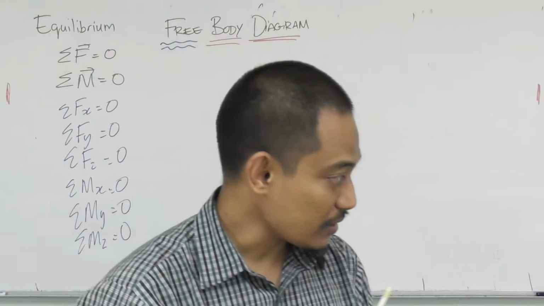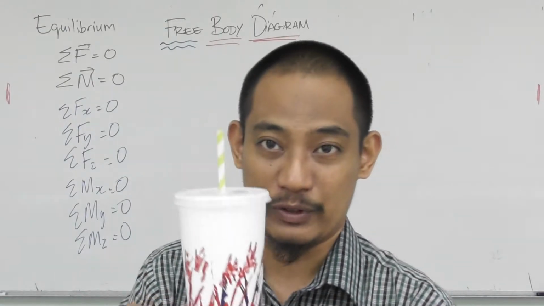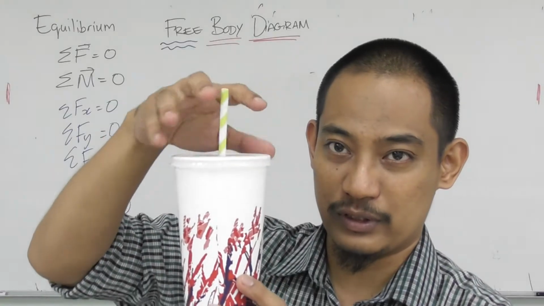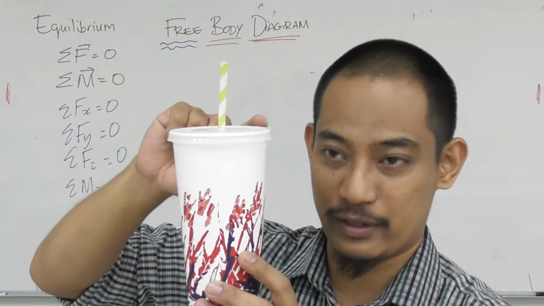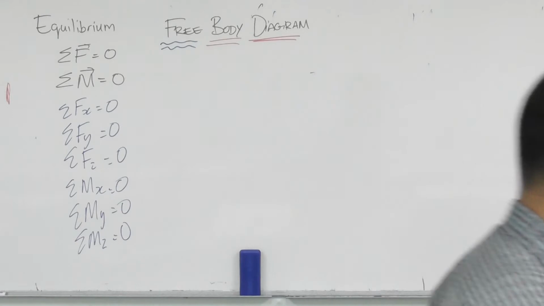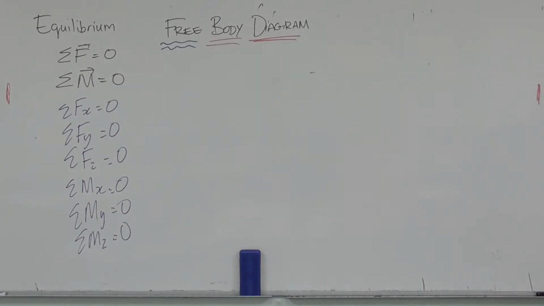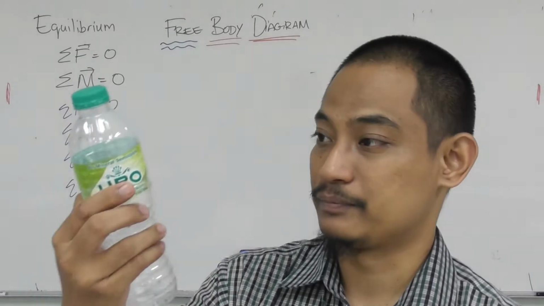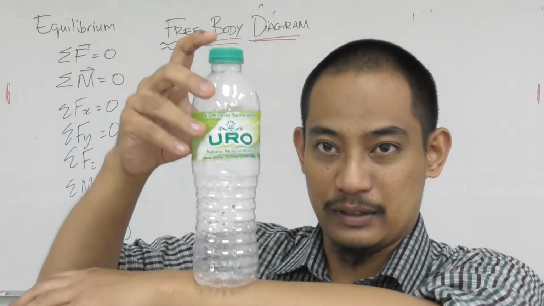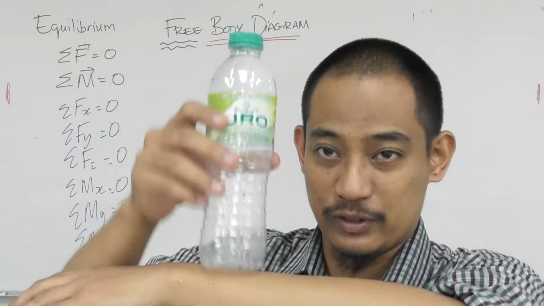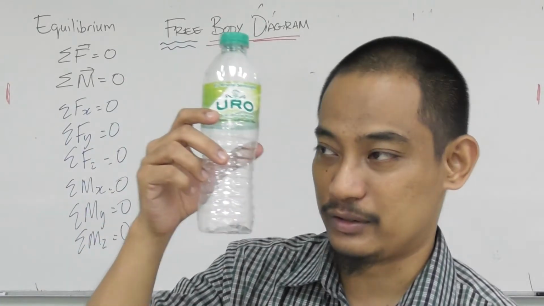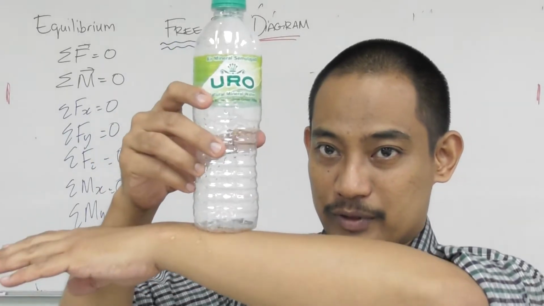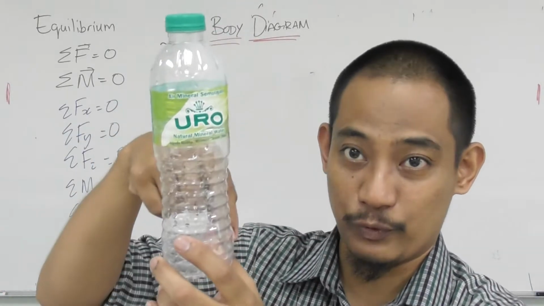Now, when I mention the body can be whatever you want, depend on what you want to solve, right? If, let's say, what I want to solve is this thing over here, without this, so the body has to be drawn with only this, right? I'm not sure if this is a good example. Right. For example, this is a water bottle, right? Now, again, if I consider this as my body, the whole thing, then when I draw it, this one is the body, and then you have the support reaction from the ground, and then maybe its own weight, etc., right?